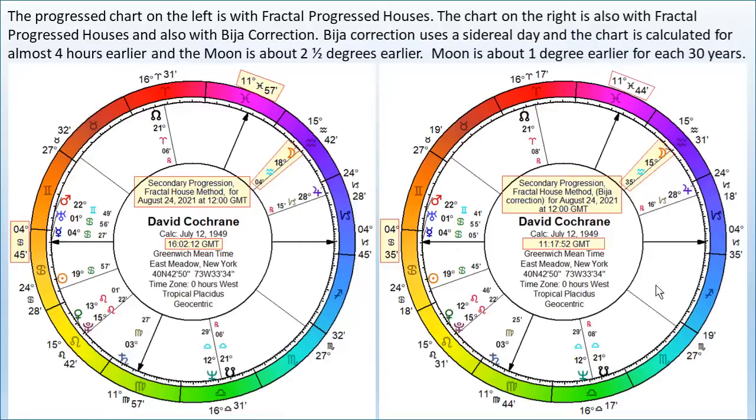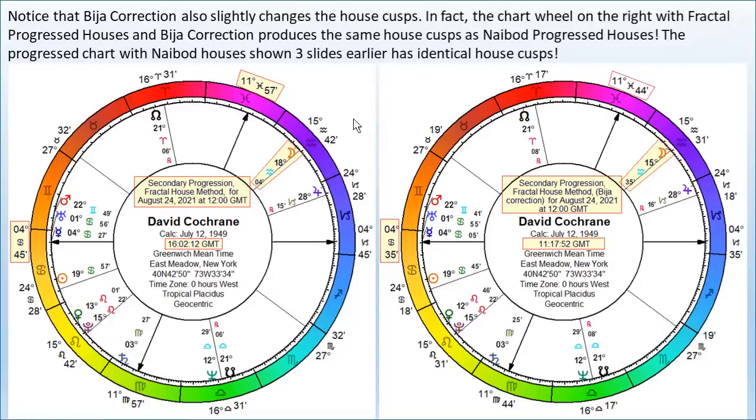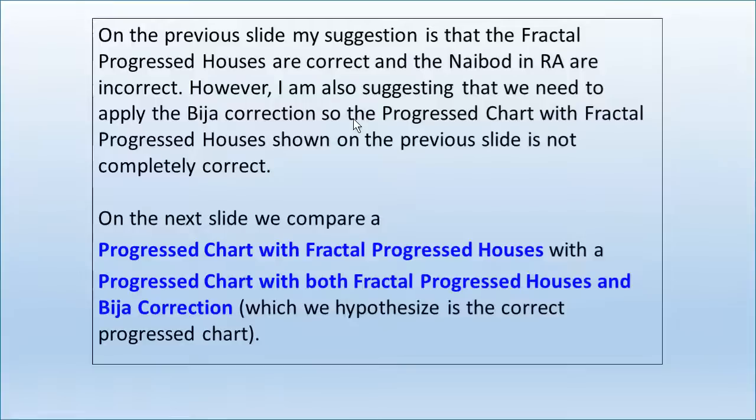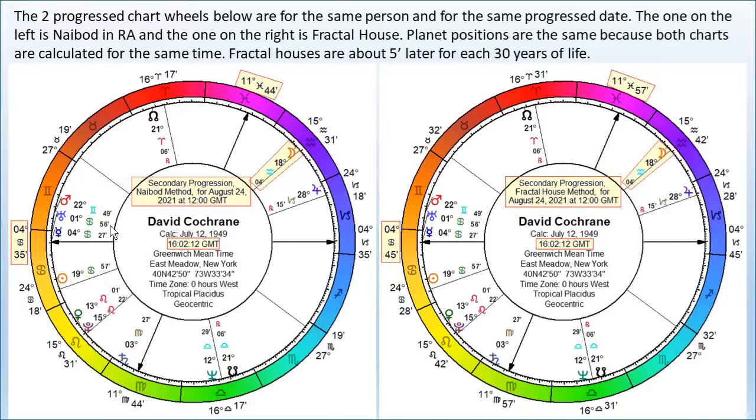And everything has moved. Look at the sun. The sun without Bija correction is 19 Cancer 57. That is the progressed sun, 19 Cancer 57, according to almost 100% of astrologers. And it does not matter what house system you use, we all agree. Let's go back to the Naibod, sun, 19 Cancer 57.